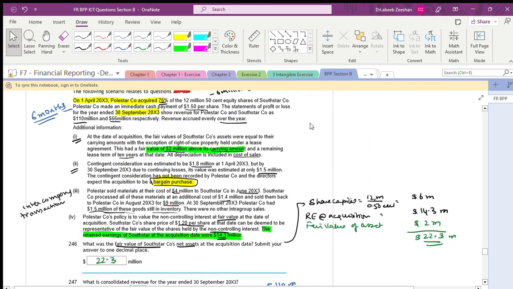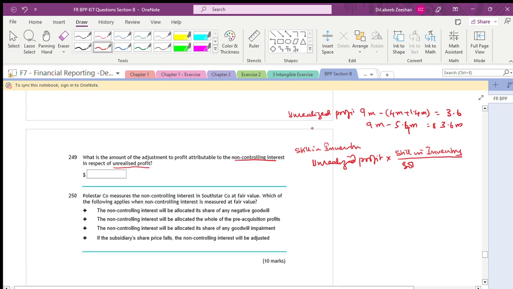They have sold them back, how much? 9 million. So it is 3.6 times 1.5 divided by 9.